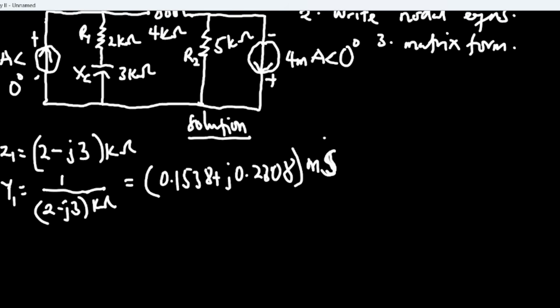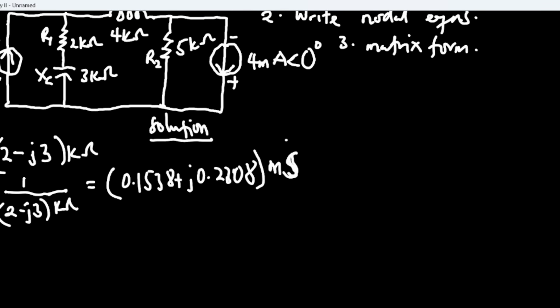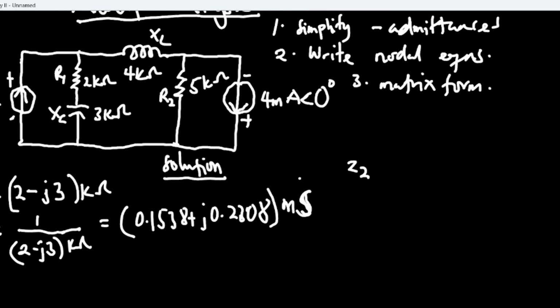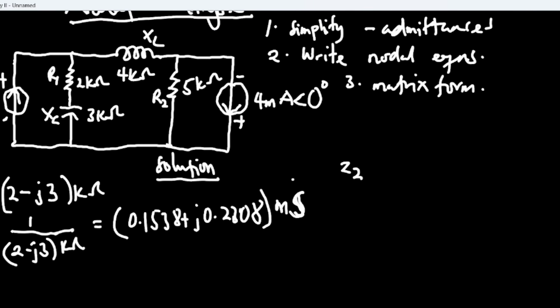Okay, so we found our Z1. Now let's see our Z2. Our Z2 is going to equal just this XL, where this XL is 4 kilo ohms. Thus, in terms of impedance, we have J4 kilo ohms.